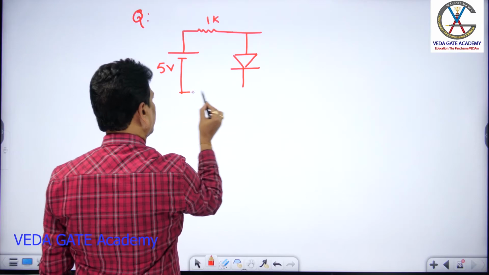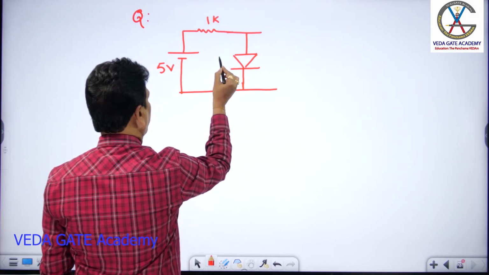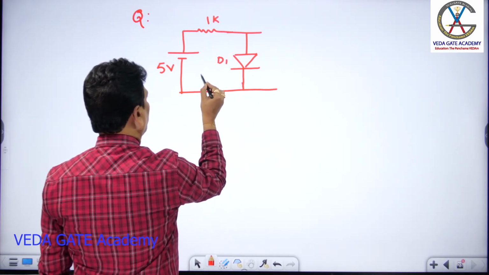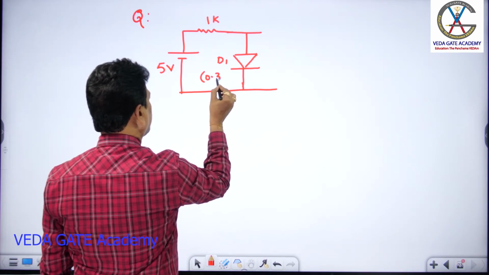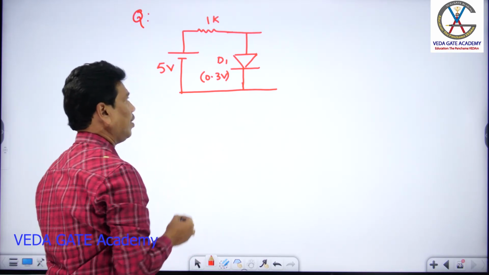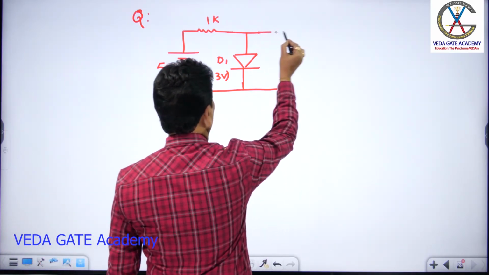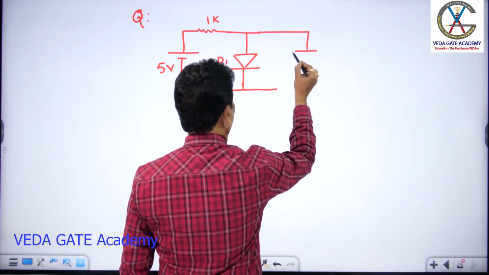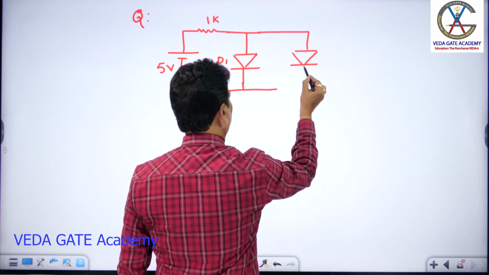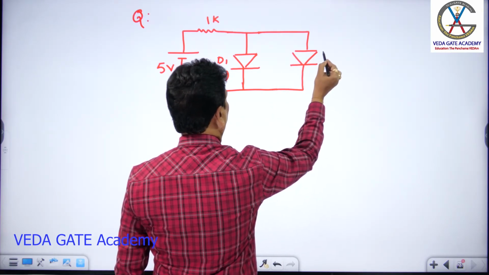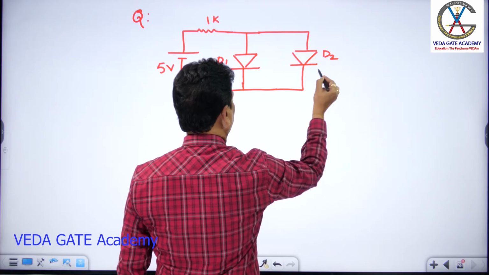D1 is made of germanium, whose cut-in voltage is 0.3 volt. This is one more diode made of silicon, whose cut-in voltage I assume as 0.7 volt.